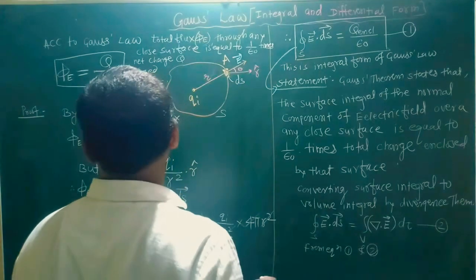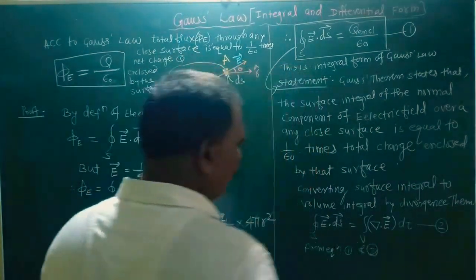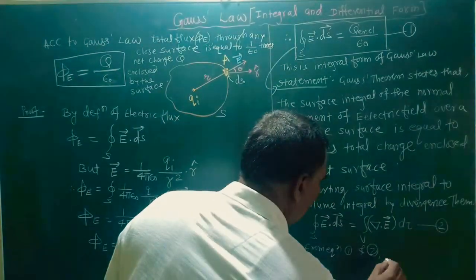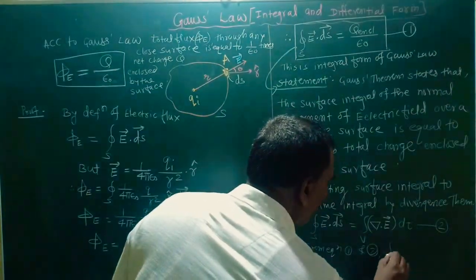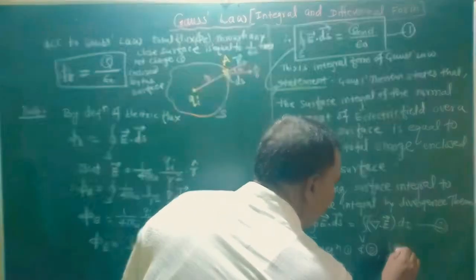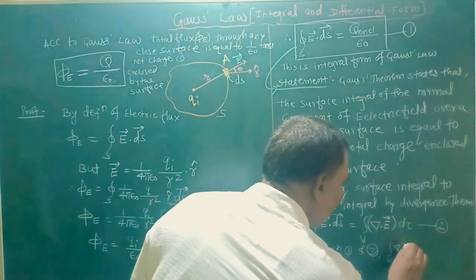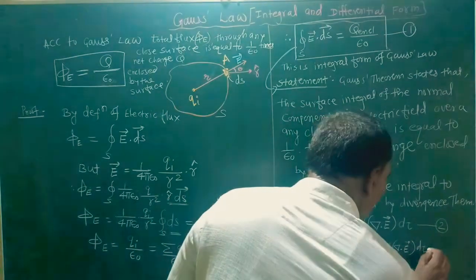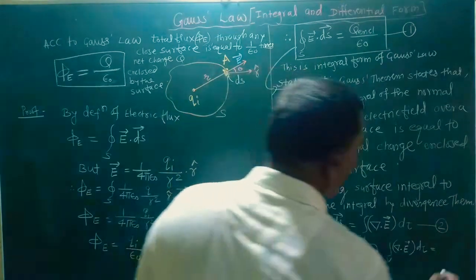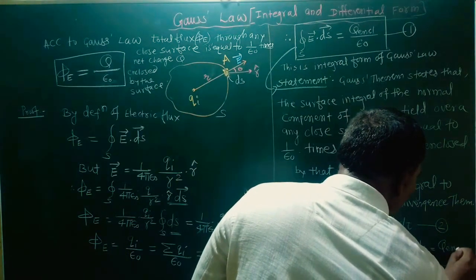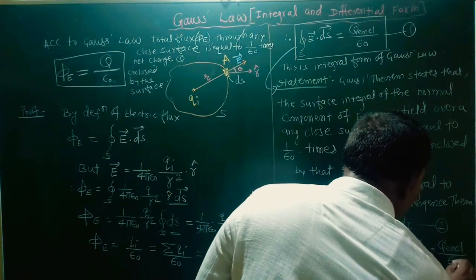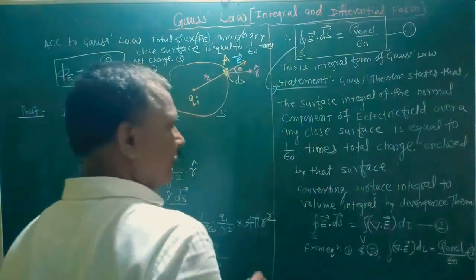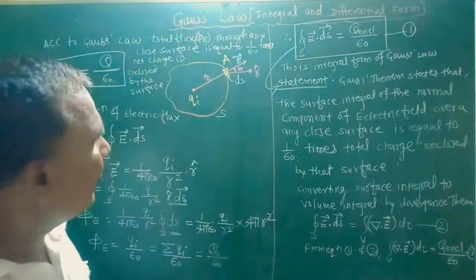Therefore, we have to write here that the volume integration of divergence of E bar dτ is equal to Q enclosed divided by epsilon 0, equation number 3.